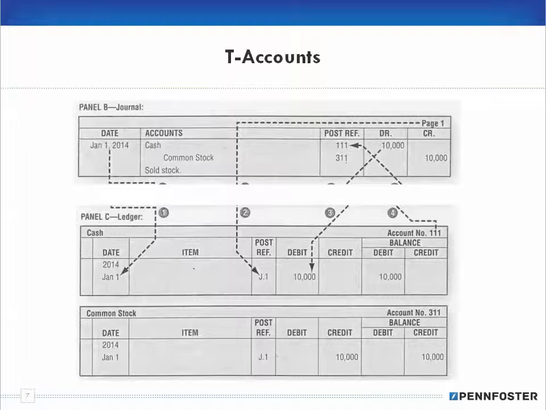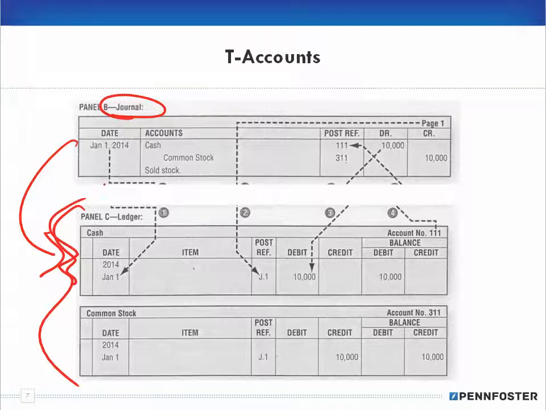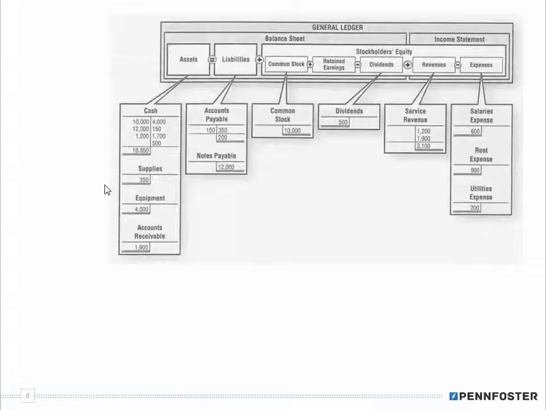On this slide, I'm not going to repeat how I'm posting from the journal into the ledger accounts. You saw me do that in the previous video. But the reason why I'm talking about T accounts is because a lot of the illustrations in the book use this concept of the T accounts.